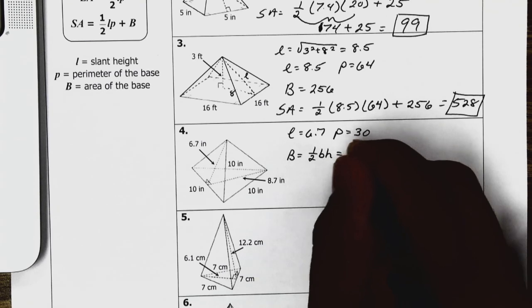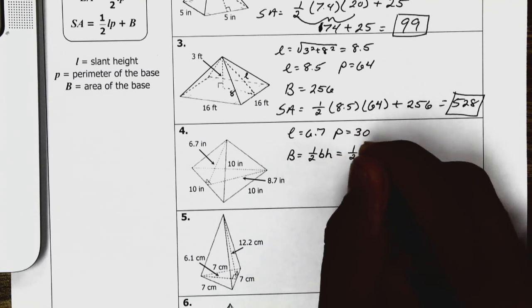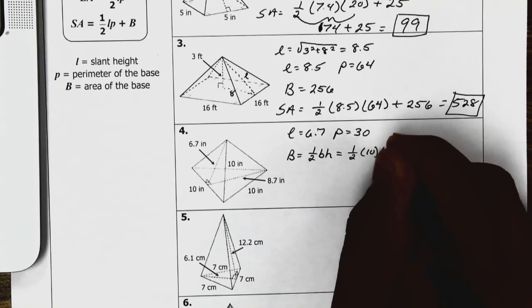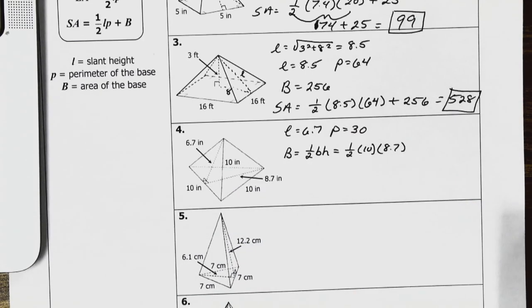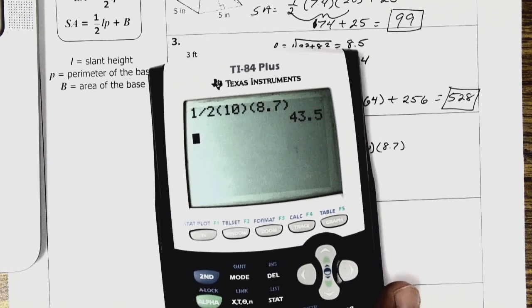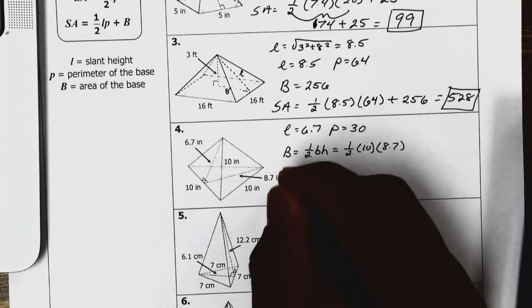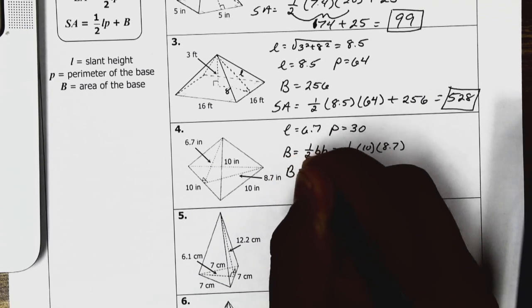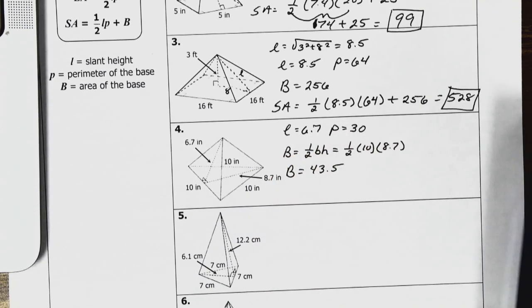So it's going to be 1/2 times that 10 times that 8.7, so 1/2 times 10 times 8.7, which gives me 43.5. So big B is 43.5.